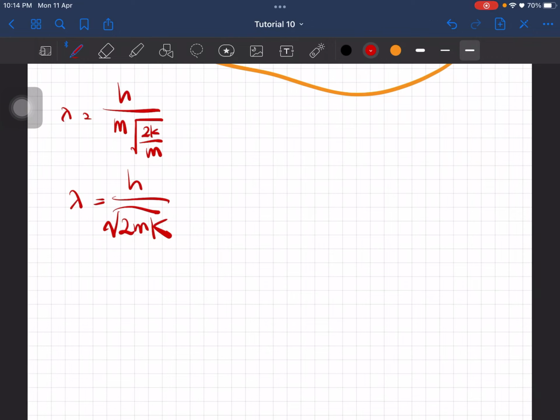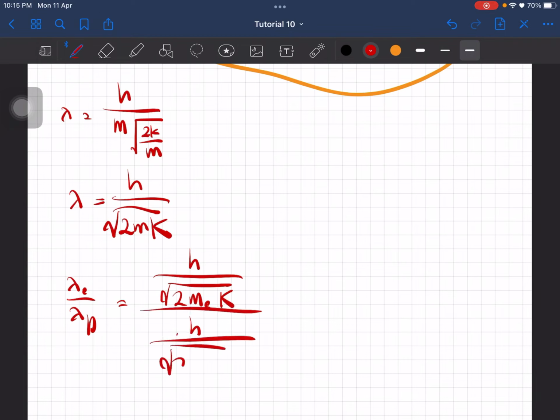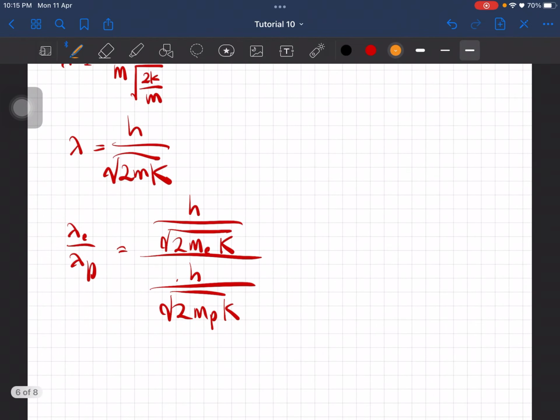Okay, so if we were to do the ratio, we have h over the square root of mass of the electron times kinetic energy, to h over the square root of mass of the proton times kinetic energy. So we can then actually cancel this.